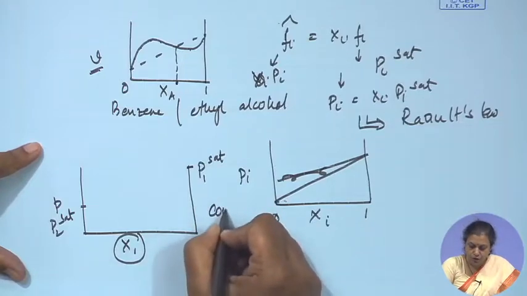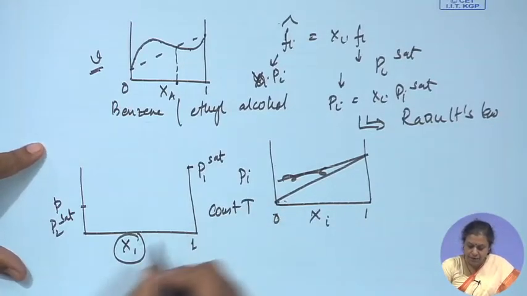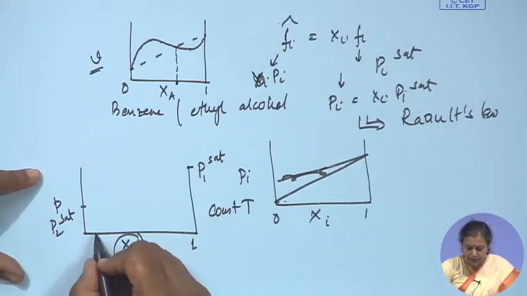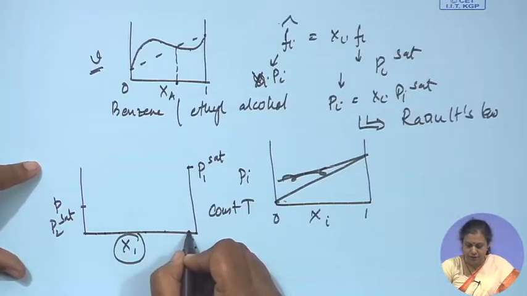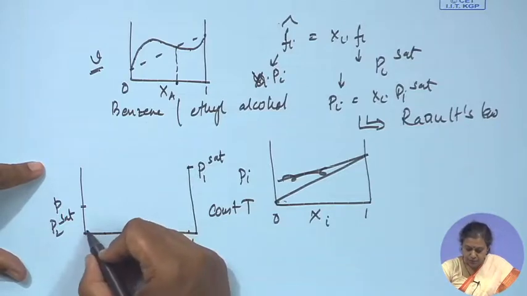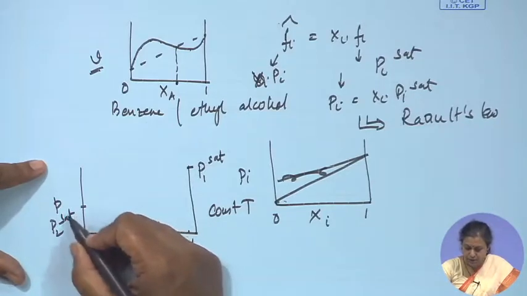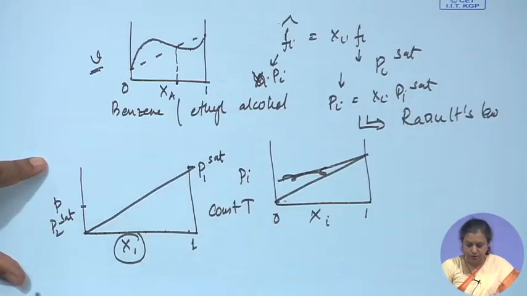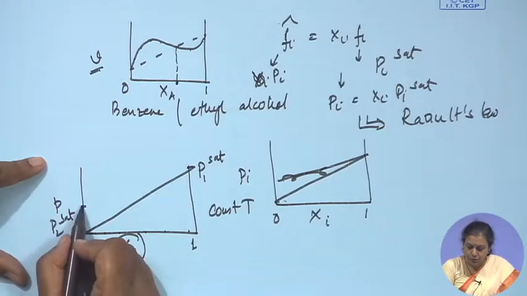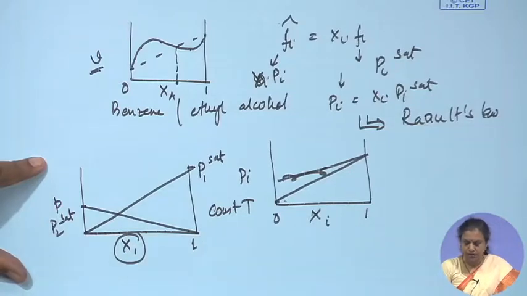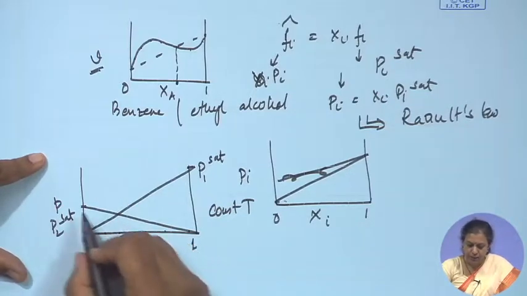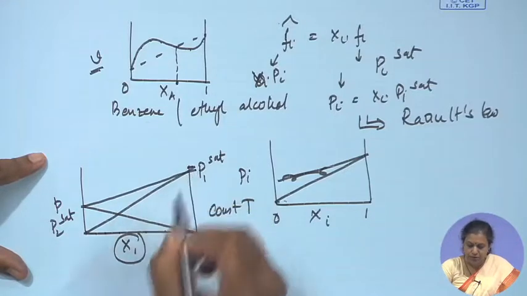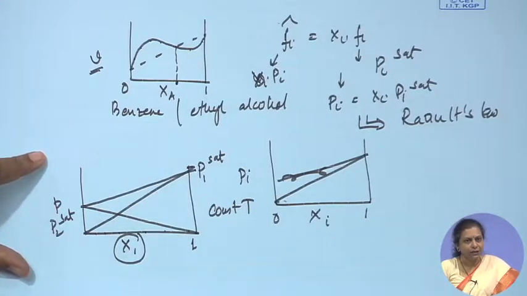Now, usually 1 is our more volatile component. At constant temperature, if I keep on varying x 1 and plot the partial pressure, then I get a curve of this sort. For component 2, the curve will be of this sort, and therefore, the total pressure in this particular case varies from P 2 saturated to P 1 saturated in a linear fashion.